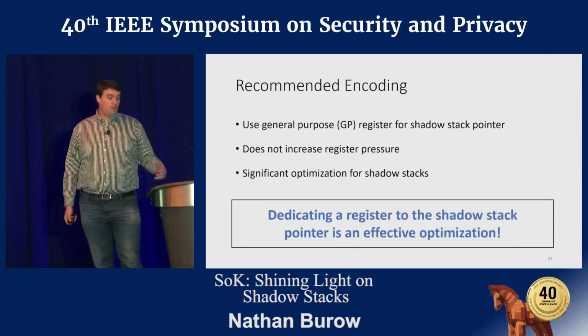As I mentioned, we're recommending using a general purpose register for the shadow stack pointer. There's been lots of discussion about, does this lead to increased register pressure? Is this going to be terrible for performance?